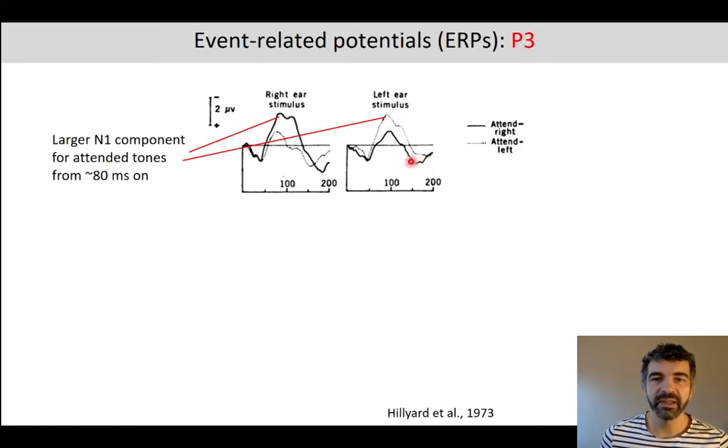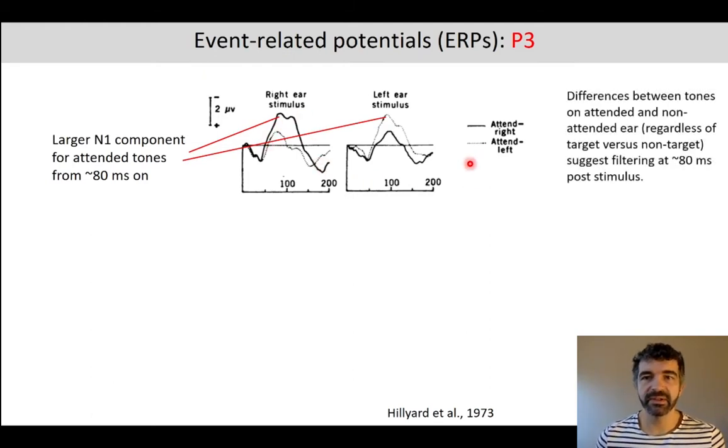This is left ear stimuli, so when you should attend left, then you can see the N1 is more pronounced. If you're supposed to attend right, then it's less pronounced. So in sum, whenever there's a stimulus on the ear that you're attending, there is a larger component. So this suggests that there is already an early filtering going on at around 80 milliseconds.